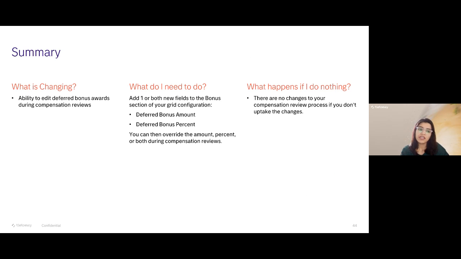So in summary, Workday now allows us to edit the deferred bonus awards during the compensation reviews. What we need to do is add one or both of these fields based on our requirement to the configuration grid. And if you do not do anything, then there are no major impacts as such.